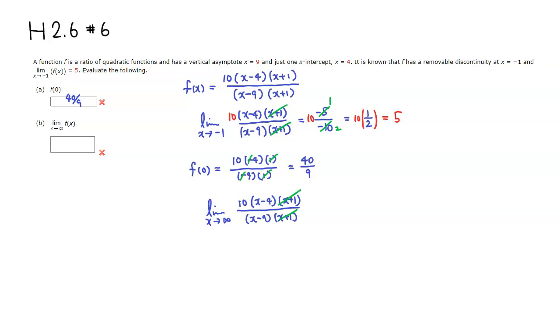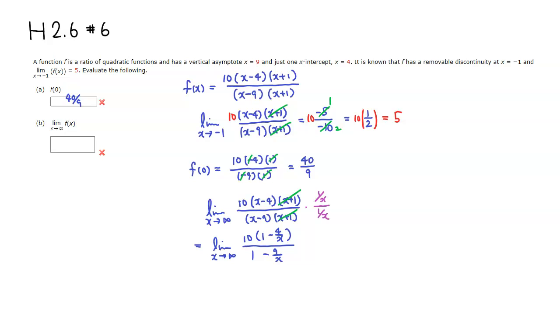But I'm going to use the trick, dividing the top by x and the bottom by x so that we can find the limit. So this is the limit as x approaches infinity of 10 times x divided by x, which is 1, and negative 4 divided by x is negative 4 over x, over x divided by x is 1, and negative 9 divided by x is negative 9 over x.